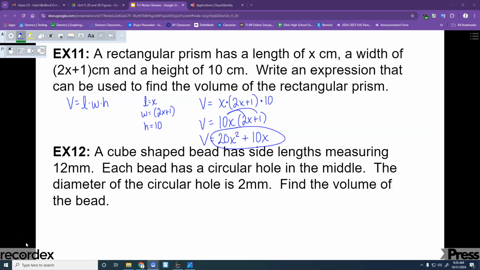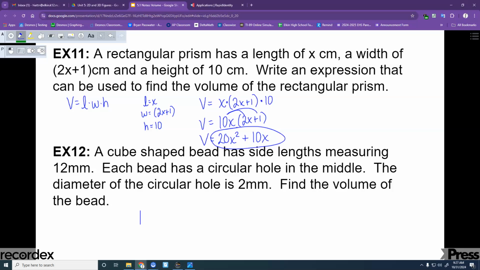All right, so okay, a cube-shaped bead has side lengths measuring 12 millimeters. Each bead has a circular hole in the middle. The diameter of the circular hole is 2 millimeters. Find the volume of the bead.